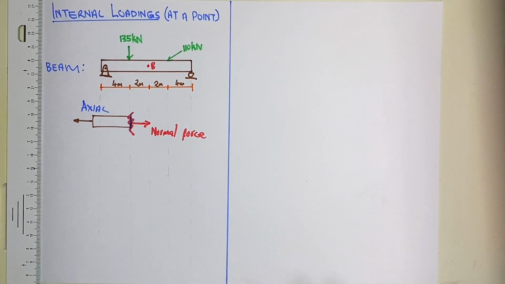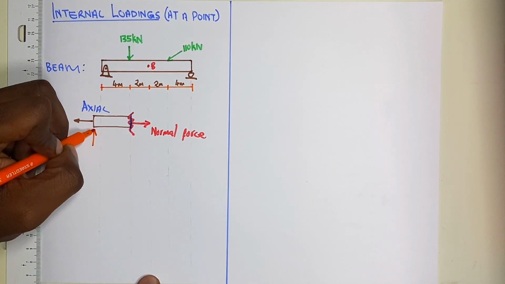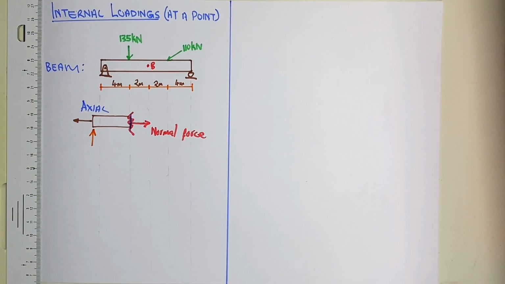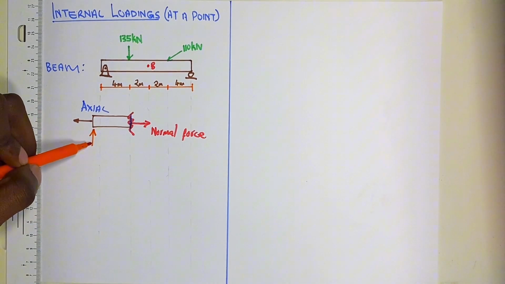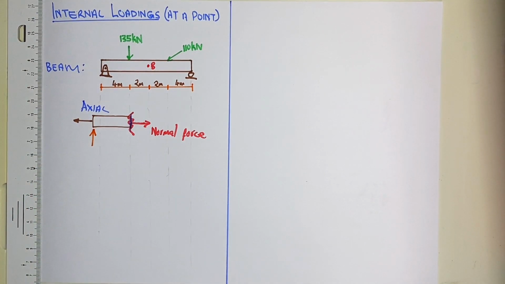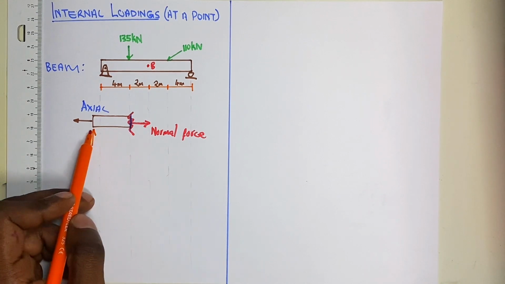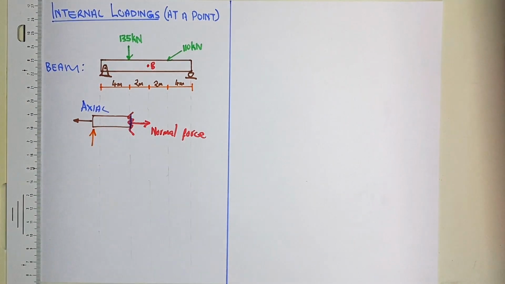Also, in some instances we will have some forces that are acting horizontally. Now assume that there's a force that is coming in this direction. Because this force is acting, you would assume that to get equilibrium there must be some internal effect that will balance out this force. This force can act anywhere within the length of our beam.